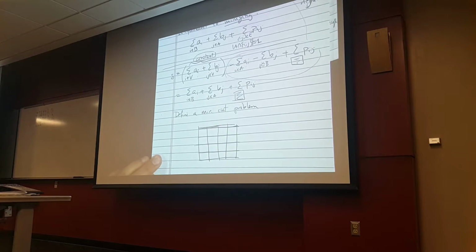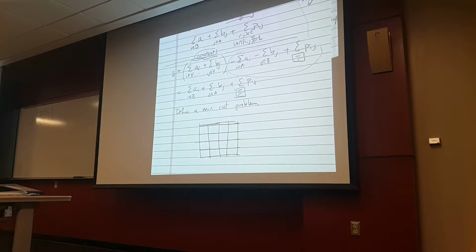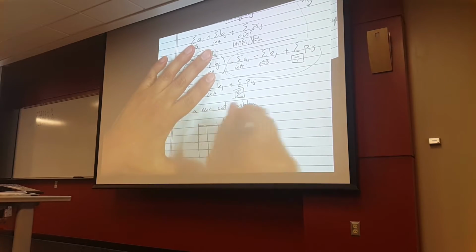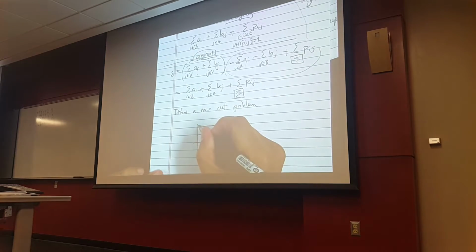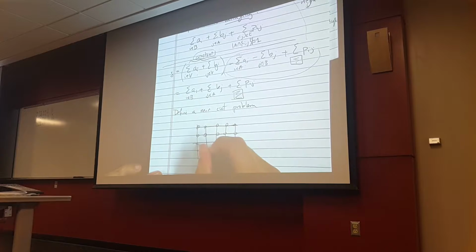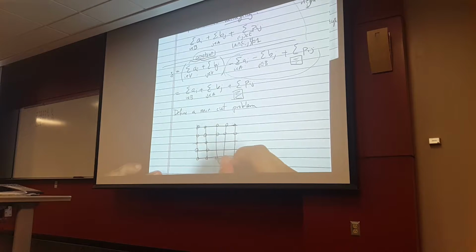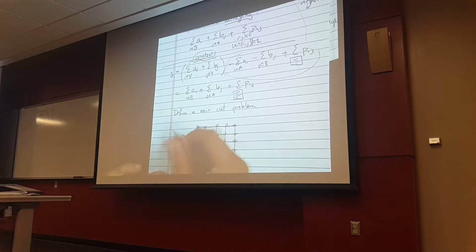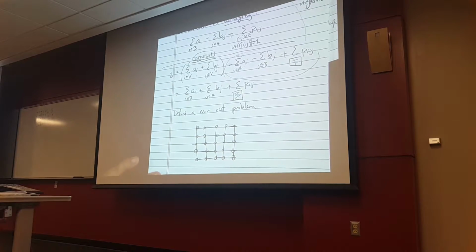Here's my original graph. The vertices are the corners of those squares, so I've got, I suppose, 16 vertices. You can draw them all if you want. I start with this, and I need to define a cut, so that kind of flow network.